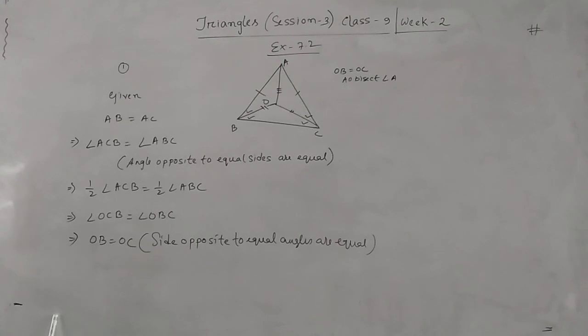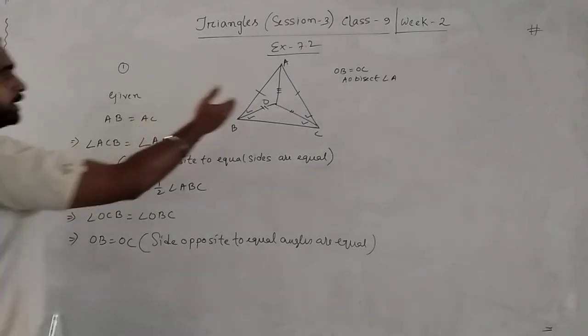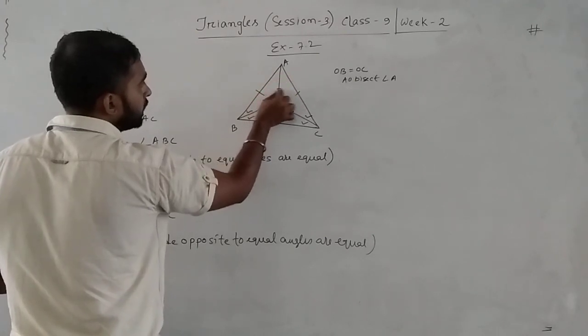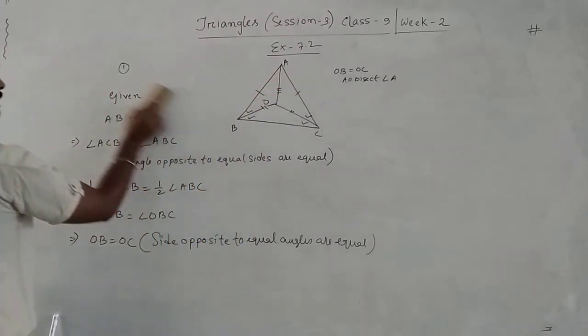Second part, AO bisects angle A. AO bisects angle A means we will prove these two angles are equal, and this will happen if these two triangles are congruent.